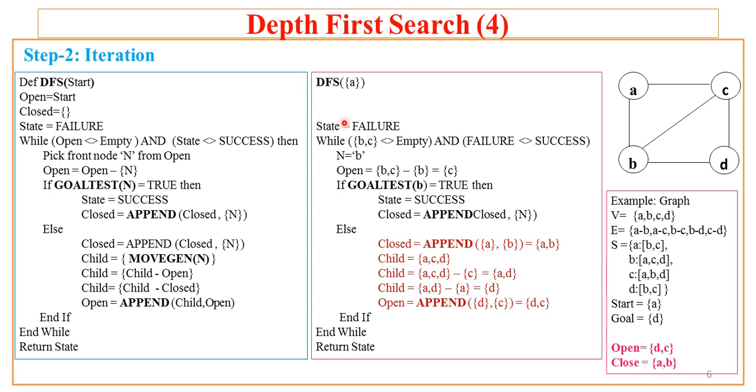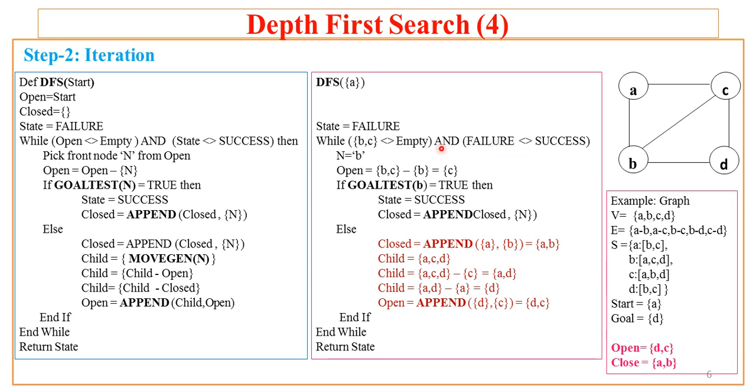Now, as we know, the state is still failure because we have not yet reached the goal state, and our while loop is still executing because our open has got updated. Now our new open is BC, which is not empty, and our state is still failure.